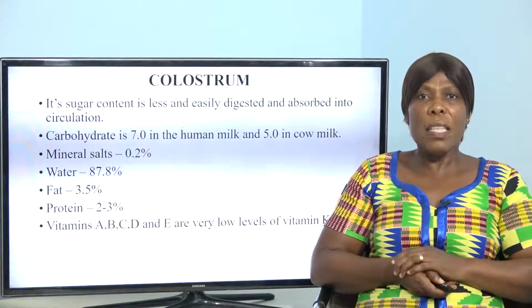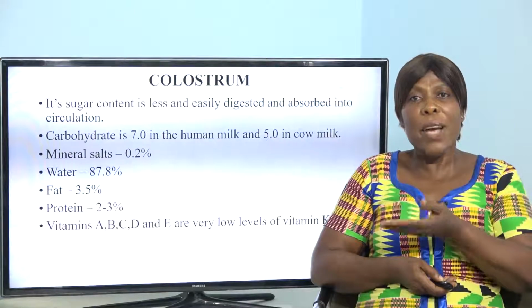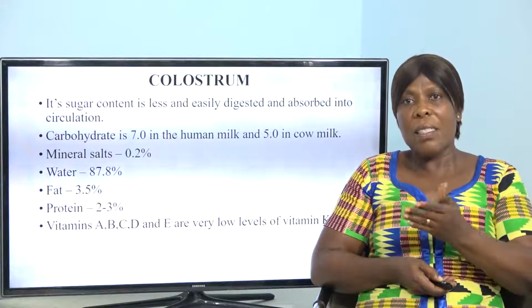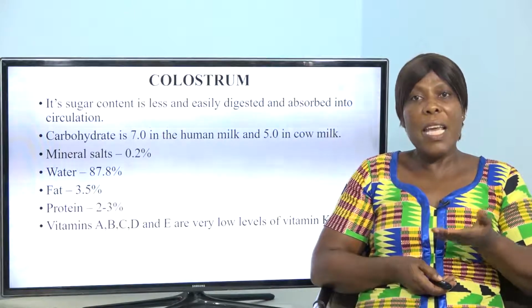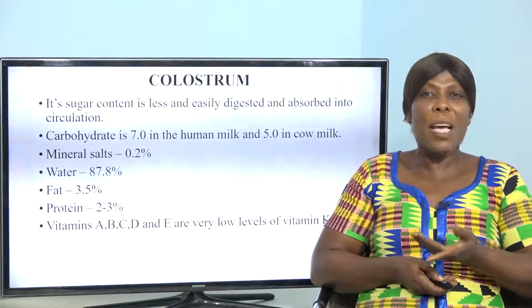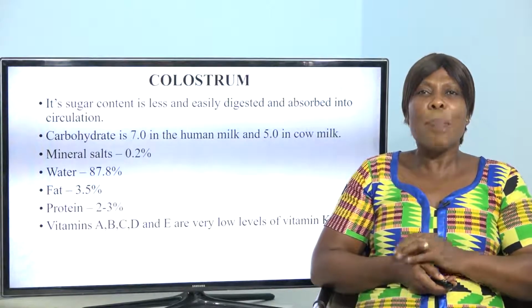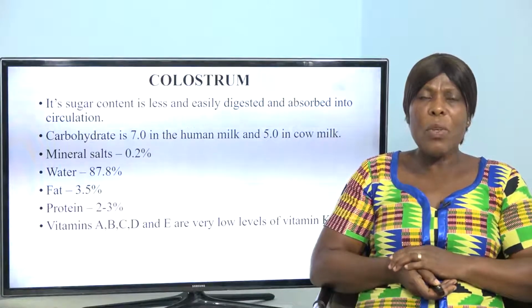Fat content is 3.5, protein 2.3, and then we also have our vitamins A, B, C, D, and E, and also vitamin K. Vitamin K is a little bit low, and that is why when the baby comes out, we need to inject the baby with vitamin K to help in the clotting mechanism of the baby.